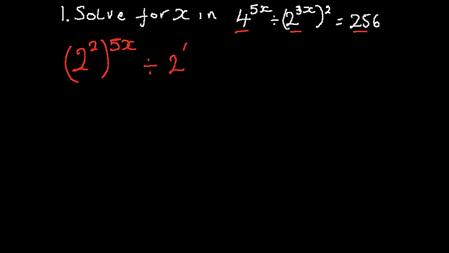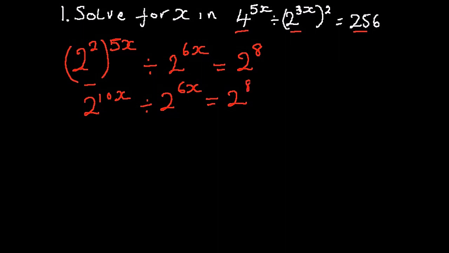So it is 2 raised to power 6x, which is equal to 256, the same as 2 raised to power 8. We open the brackets here, so we have 2 multiplied by 5x, that will be 2 to power 10x, divided by 2 to power 6x, which is equal to 2 to power 8. We combine this using the second rule of indices, so this is the same as 2 to power 10x minus 6x, equal to 2 to power 8.